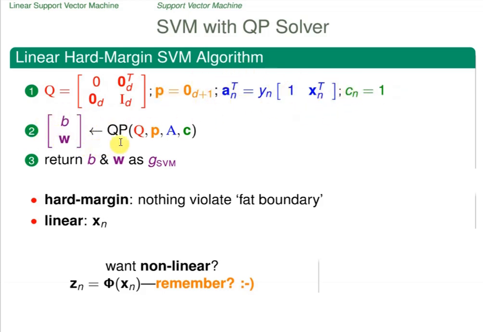Second, this step means running the quadratic programming solver. You pass all those variables, and the output would be your bias and weight. The output of quadratic programming will give us the weights and the bias of the maximal separating hyperplane, which we can use as a final SVM. We can declare this as g SVM.